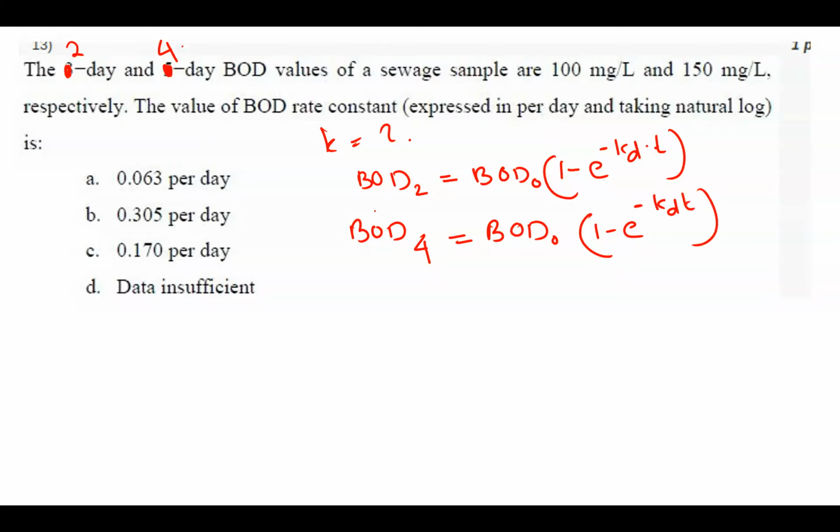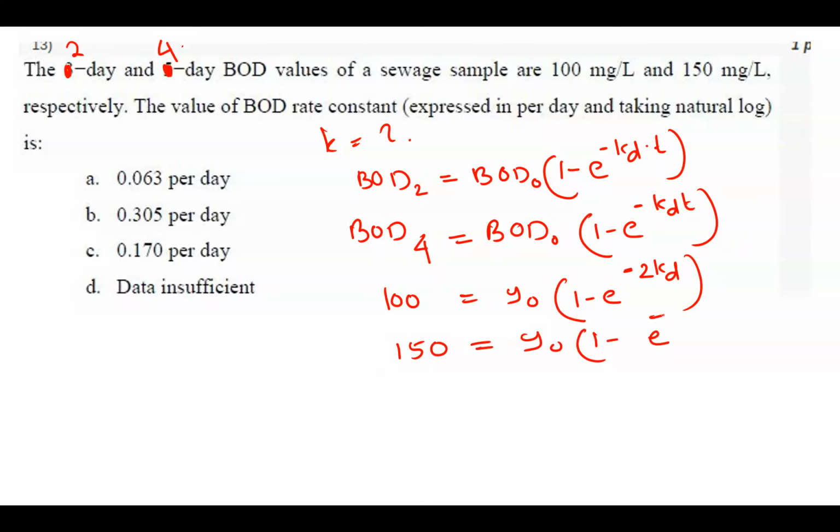BOD at 2 days is 100, so 100 equals y naught times 1 minus e raised to minus 2 kd, and 150 equals y naught times 1 minus e raised to minus 4 kd.